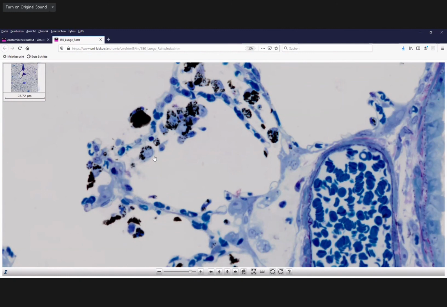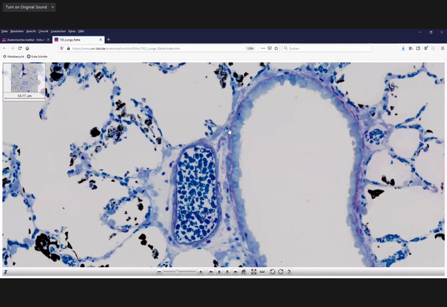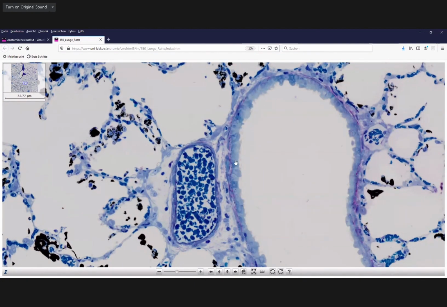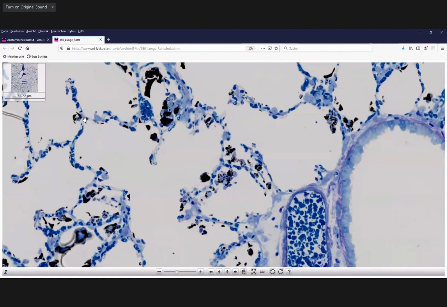Okay. So any questions related to this specimen here? So we have a nice bronchiole here with club cells, and then we have these nice interalveolar septa with blood vessels, the capillaries. We have type 1 and type 2 pneumocytes, and we have macrophages.